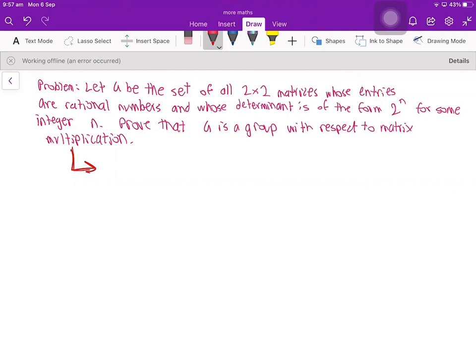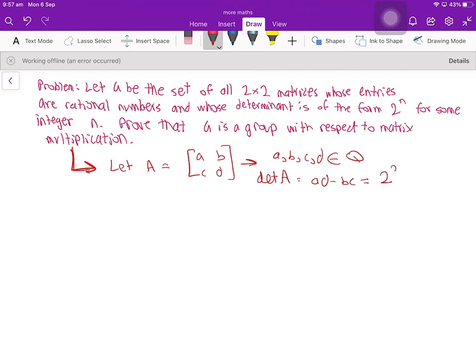So we can let A equal the matrix A, B, C, D, with rational entries, so A, B, C, D are in Q. And the determinant of A is AD minus BC, and let's say this is of the form 2 to the power of x, where x is an integer. So x could be positive, negative, or 0.